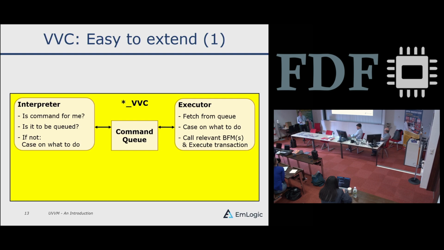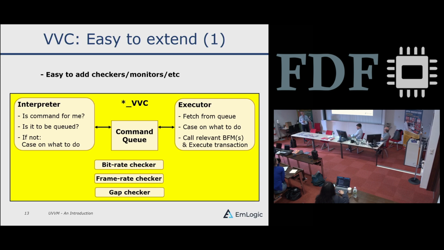So we can extend this with lots of different things. I mentioned we can case on what to do. That could be a write, a read, and a check, for instance. But it could also be write 100 random data. That could also be a command you provide to the system. It's easy to add checkers and monitors, so you can build those into the verification component and enable them whenever you need them.